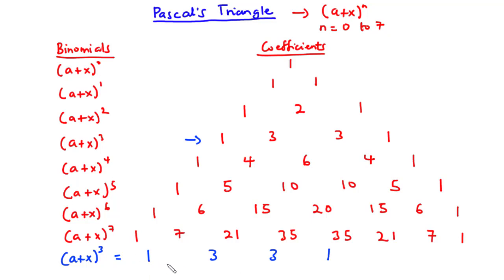Now the sum of the powers of a and x should be equal to the power of the binomial in each term. Now we are going to include a and then x to form the expansion.